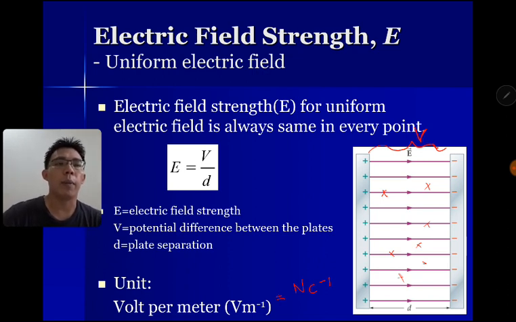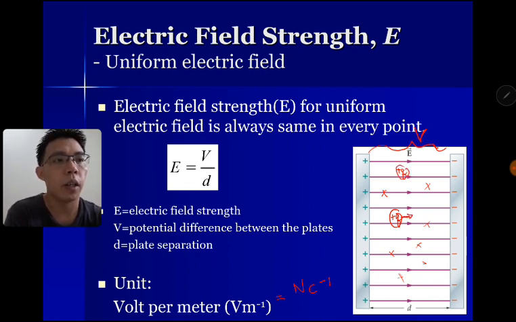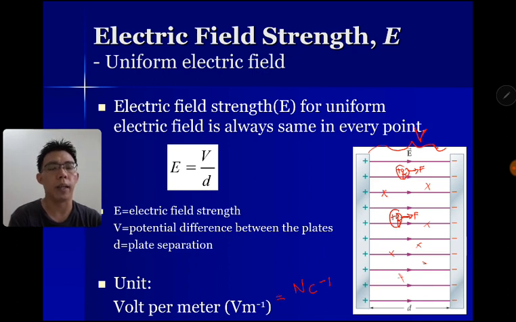So having said that, if I put a positive charge inside here, and I want to find its force at this point, and then I place it at another point, you will definitely get the force to be the same, because the E is the same everywhere.